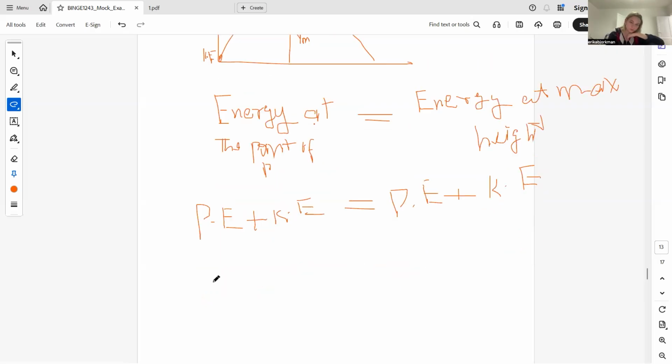As mostly we use the relation mgh for the potential energy, as initially there is no height, we can replace it here with 0 plus kinetic energy, half mv square.